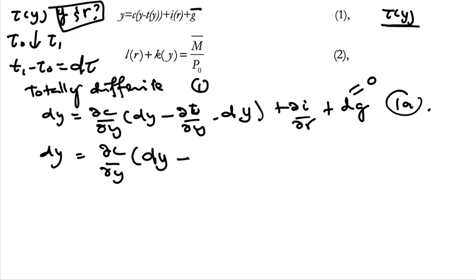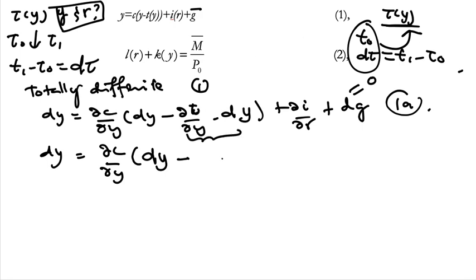Remember the initial tax is T0, and the change in tax is basically T1 minus T0, isn't it? So we are going to use this notation for the differentiation here, and this is a generic form only, not a specific one, but because we know that tax is a function of Y, that's how we do it.